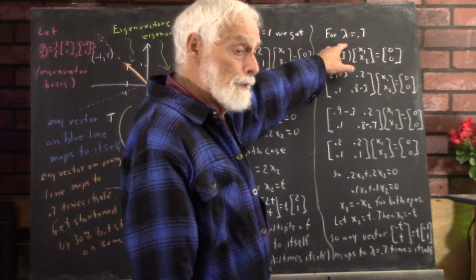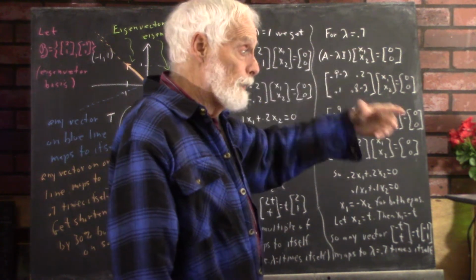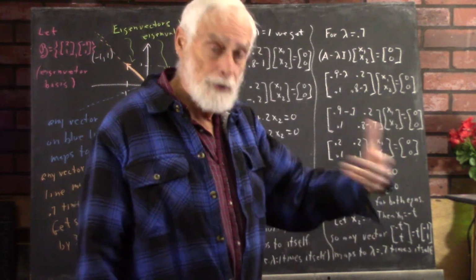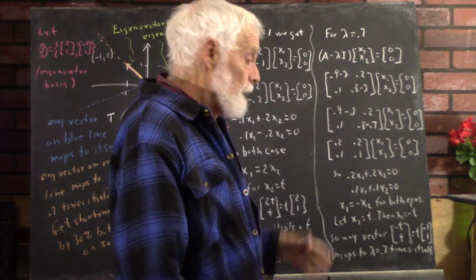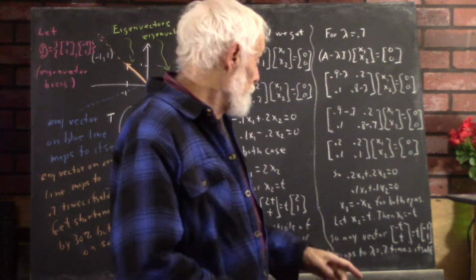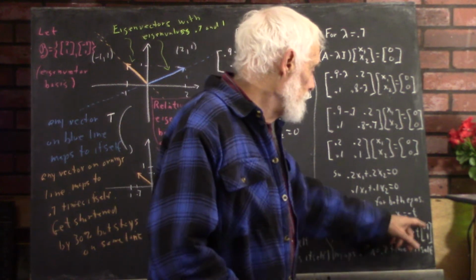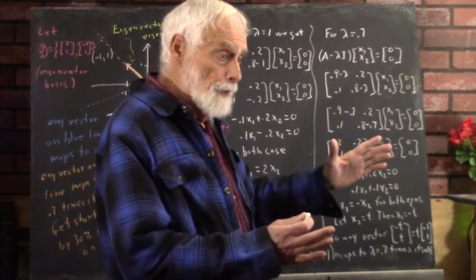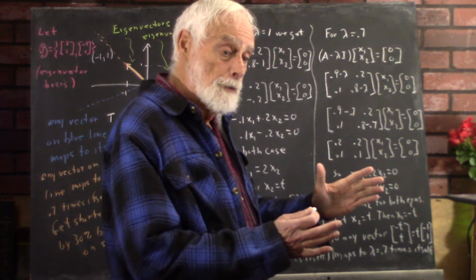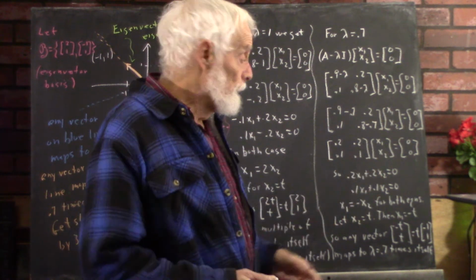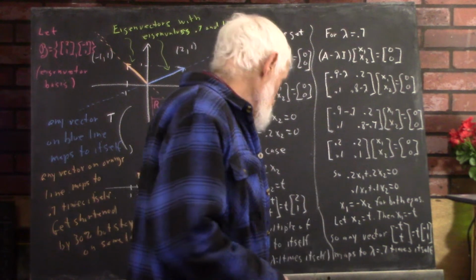Remember that lambda is the factor by which you multiply the vector that satisfies these conditions to get the transformed vector. So any vector that's a multiple of negative 1, 1 maps onto a vector that's 70% as long and in the same direction. So that's pretty profound.